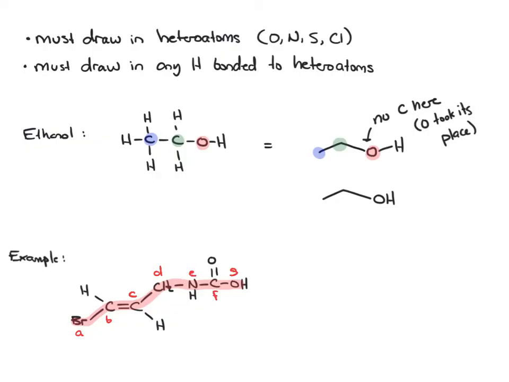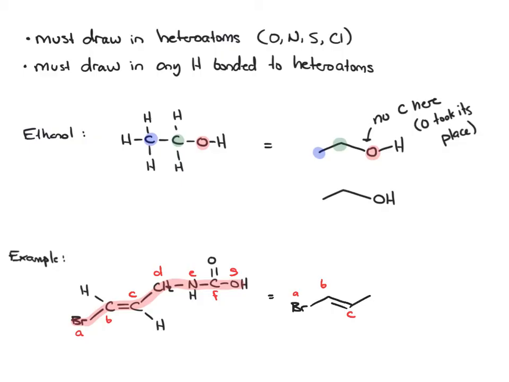And when we make this into the structure, we have the Br, so that's A, then we have carbon B, and we form a new bond to carbon C. Now in this case, it's a double bond, so let's just put a double bond in there.